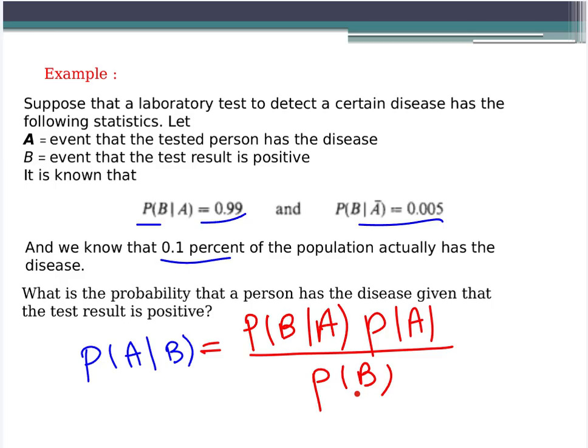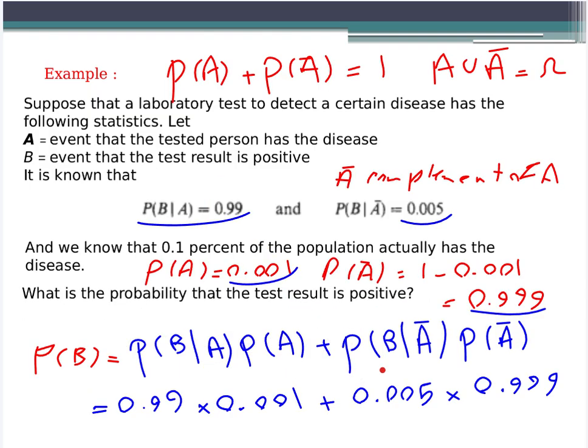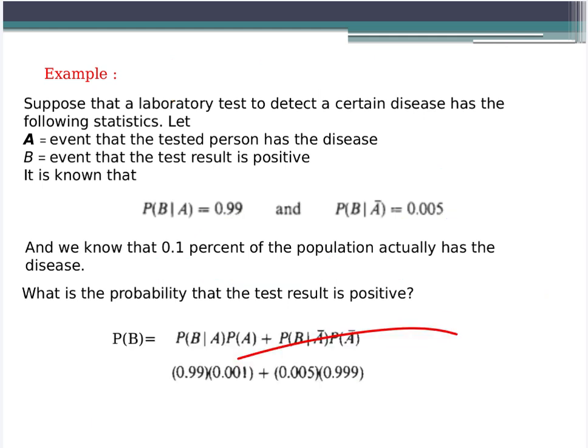Now we replace the values. The probability of B given A, we have this probability here. So the probability of B given A is equal to this value. The probability of A, as we said in this section, is equal to this value.